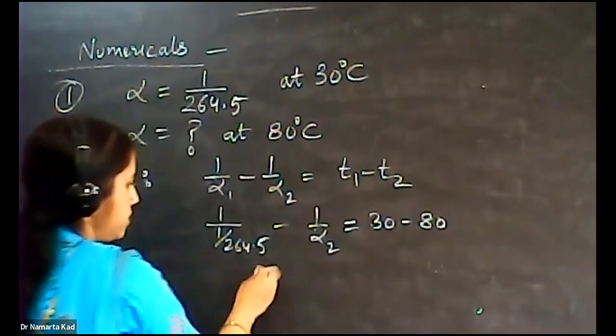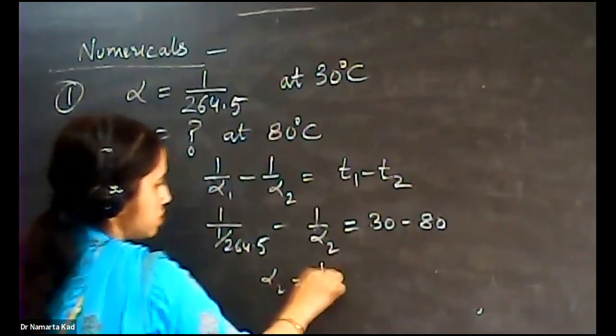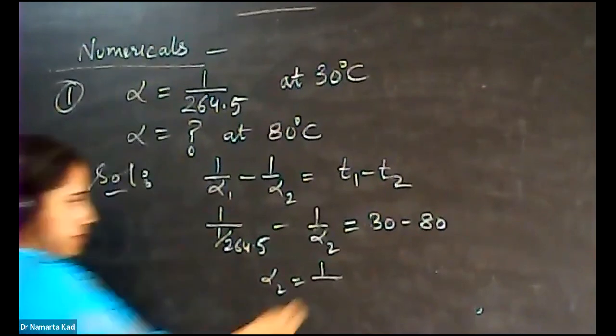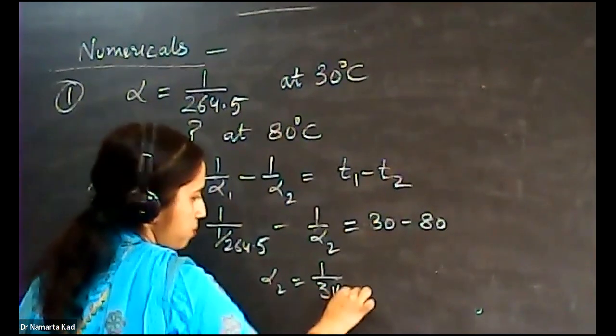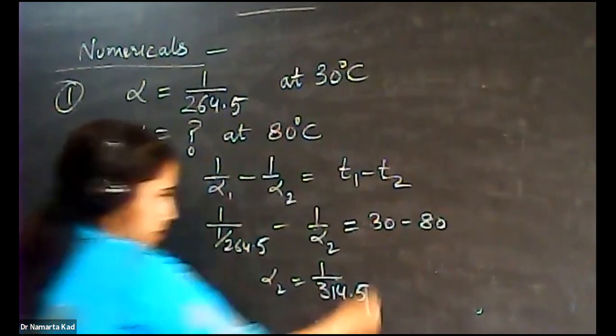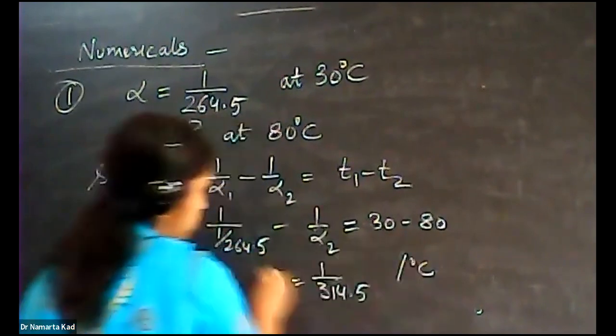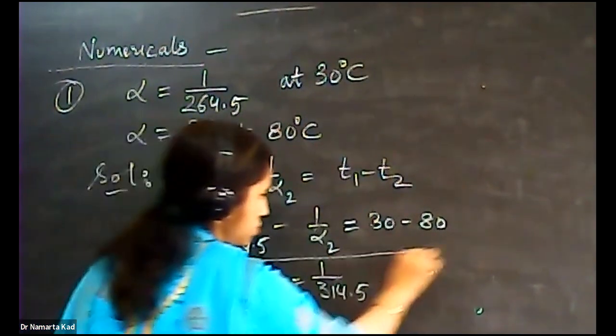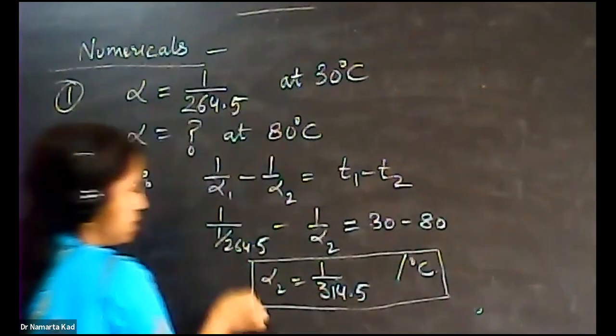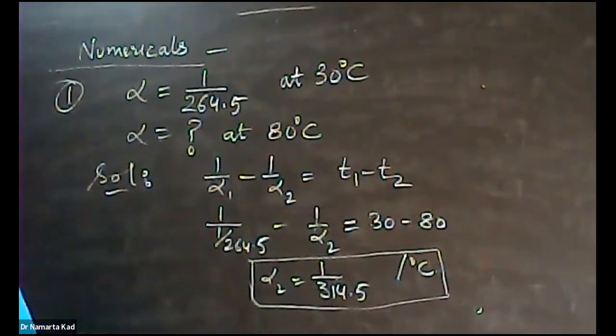So upon solving, it comes out to be alpha 2 is equal to 1 upon 314.5 per degree C. Yes, the units must be written along with the answer. Units are very important to write, otherwise the marks will be deducted for that.